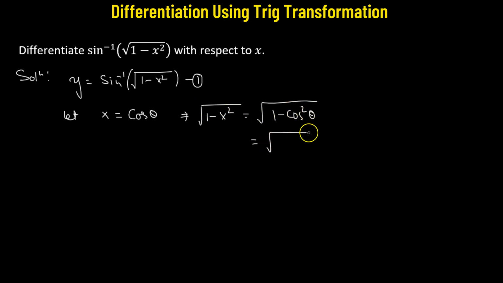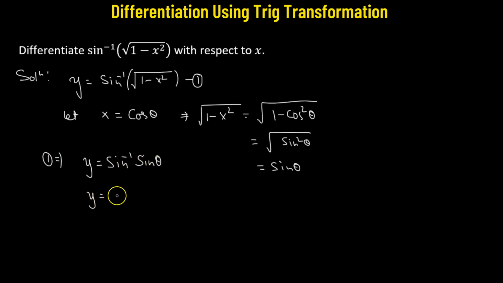Now we know that 1 minus cosine squared theta, that's simply sine squared theta, which will be sine theta. That means equation 1 becomes y equals to sine inverse of sine theta.